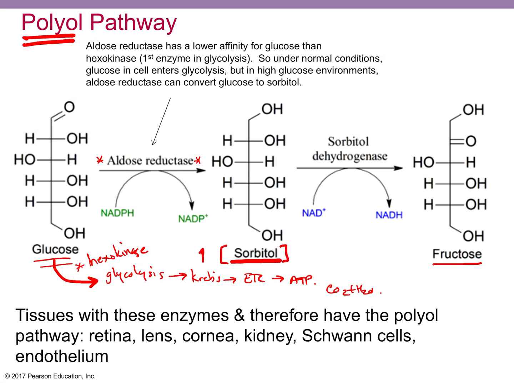The concentration of sorbitol goes up, and that acts as an osmotic solute, drawing water into the cells. The cells are going to swell, and then you're going to have issues with that swelling. So the polyol pathway does two things. I just mentioned one: swelling of these tissues.